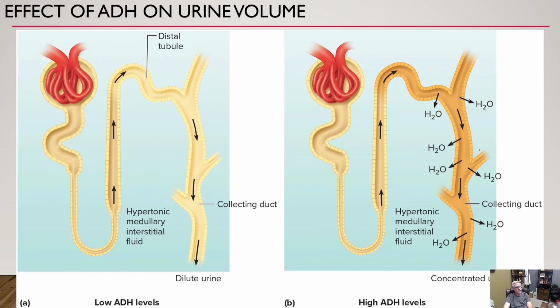All right, so here we can see the effects of ADH on urine volume. Let's say we have hypertonic medullary interstitial fluid. So we're going to have a bunch of salt.